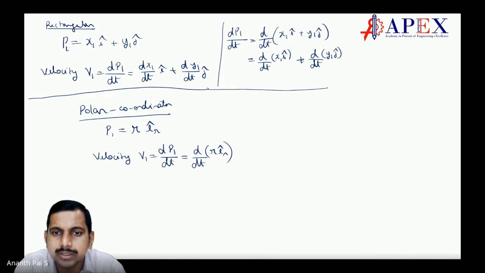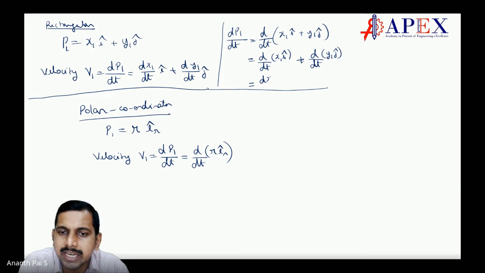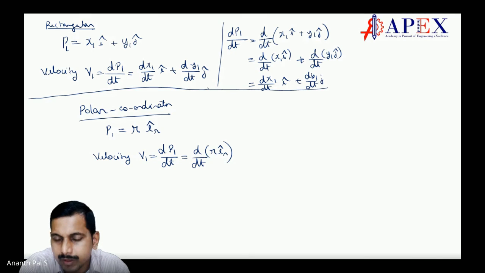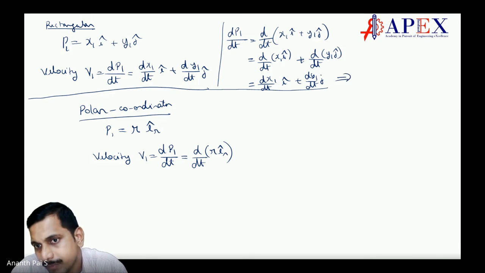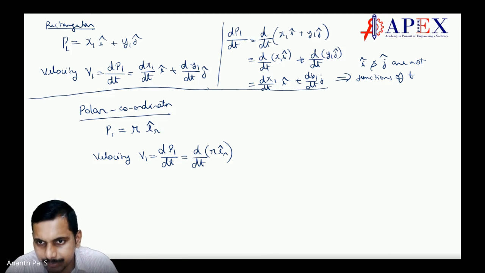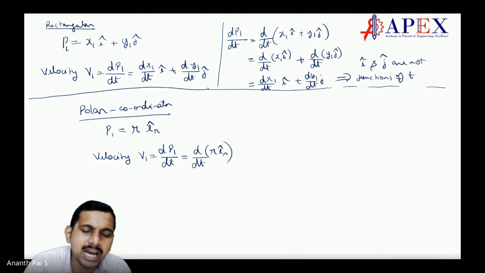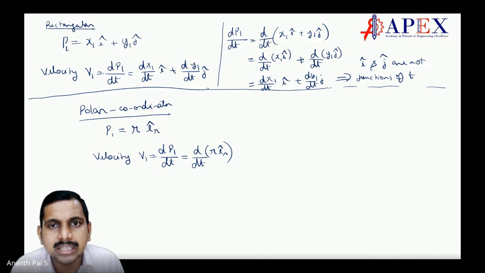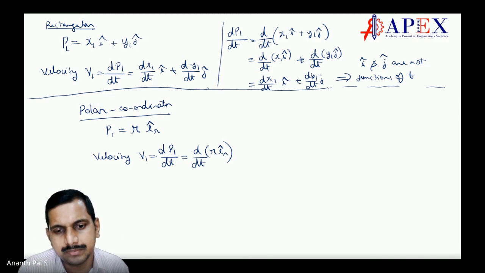That is why I can write dx1 by dt i plus dy1 by dt j. Why are we taking them outside? Because i and j are not functions of t, so they remain the same. But if you consider R and ER, ER does not remain the same, correct?